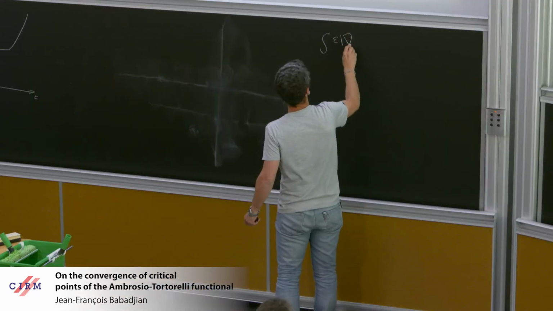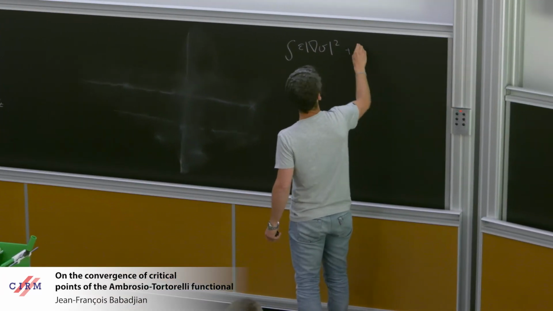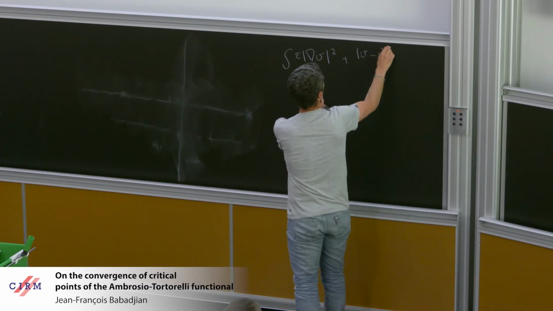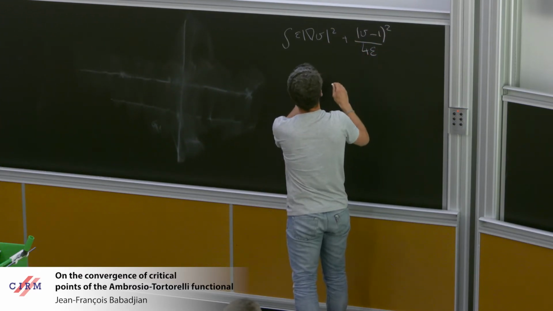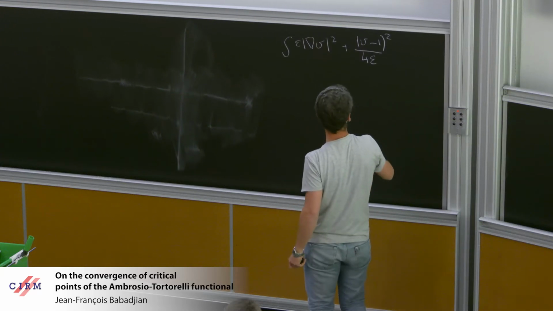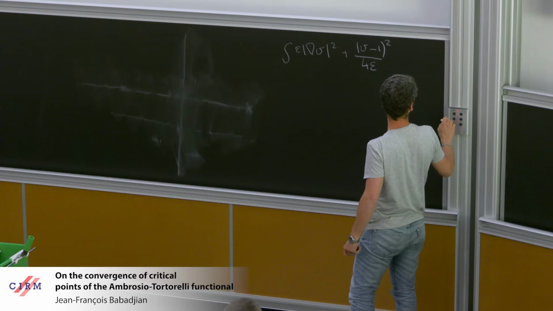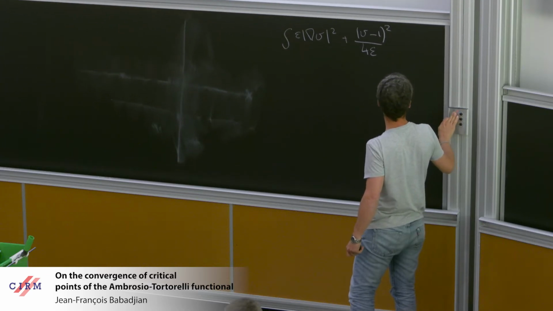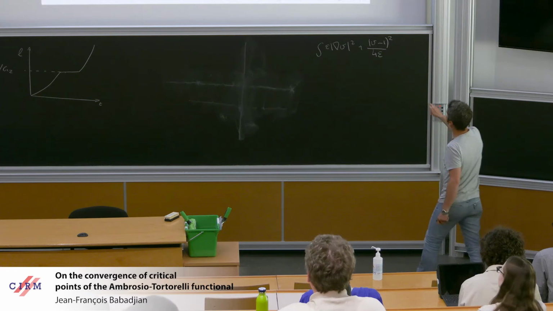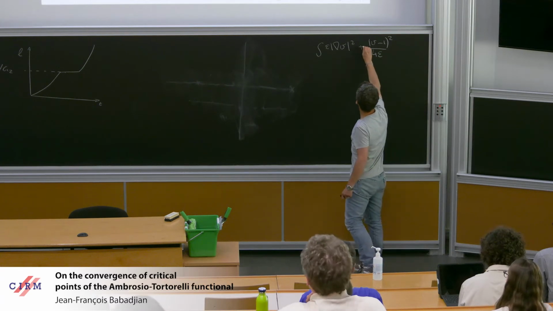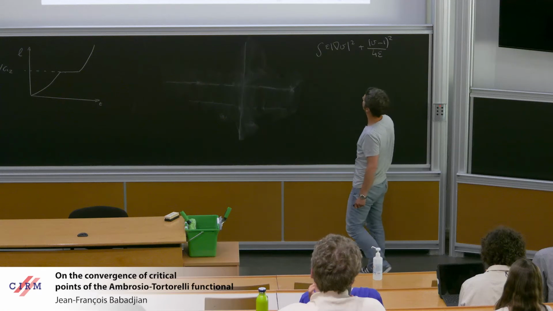So if you only consider this energy, the phase field variable V wants to be identically equal to 1, because this is what minimizes it. So this energy wants V to be equal to 1 everywhere because it makes this energy minimal.